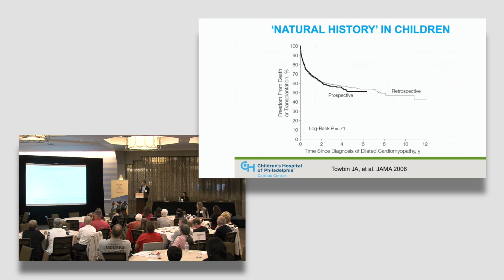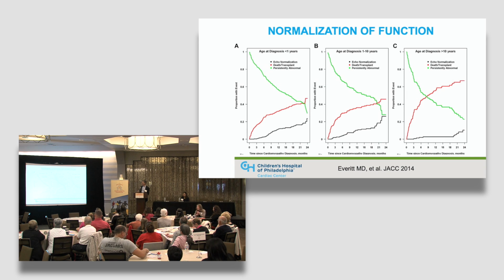And in children, they can actually have a remarkable recovery. So unfortunately, it's not every child, and this can also happen in adults as well. But we can see up to 30% of children can have a normalization of their function over that 2-year time period. So this initial time period after the diagnosis of a dilated cardiomyopathy in children is such a critical time period because, unfortunately, many of these children won't do well and will either not survive or need a transplant.